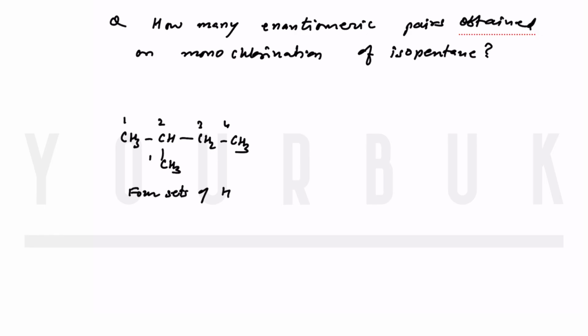So you will get 4 products, and these are the 4 products obtained when you react this compound with chlorine in the presence of light. These are the 4 isomers formed. The first is this one; we are replacing the hydrogen from set number 1.